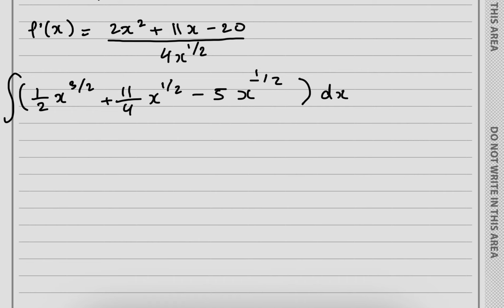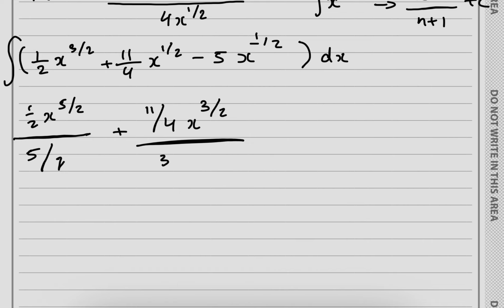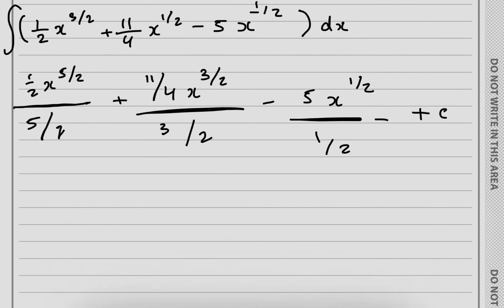And we have to remember, if you want to integrate x to the power n, it becomes x to the n plus 1 over n plus 1 plus c. Don't forget the c. Right, so a half x to the 5 by 2 over 5 by 2 plus 11 by 4 x to the 3 by 2 over 3 by 2 minus 5x, negative a half becomes a half, plus c, and now it's just solving it.